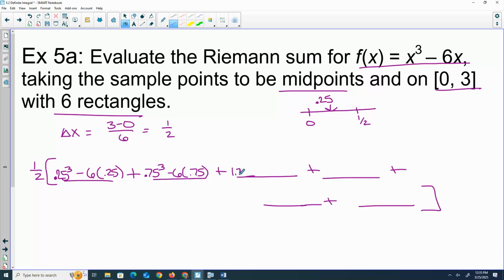So 1.25, 1.75, 2.25, and the last one would be 2.75. Let's see what we get.